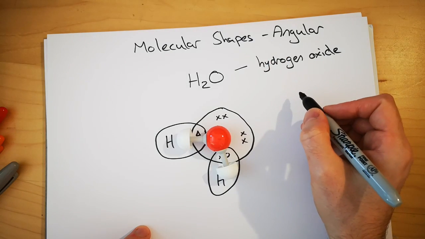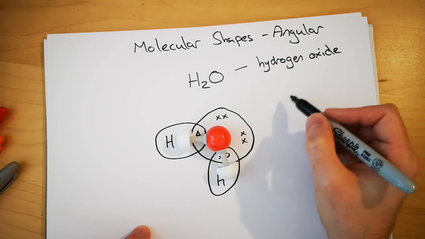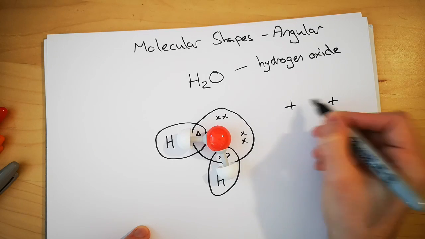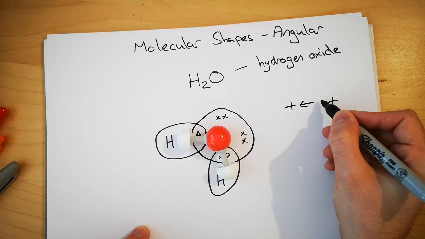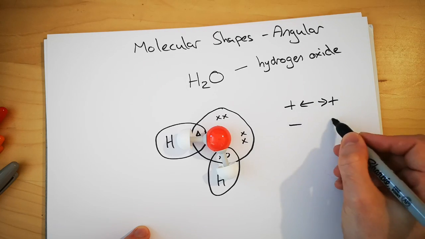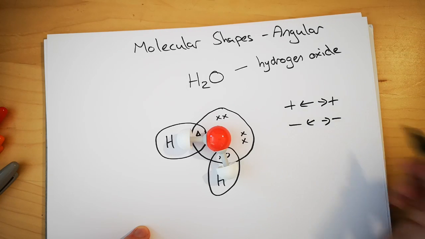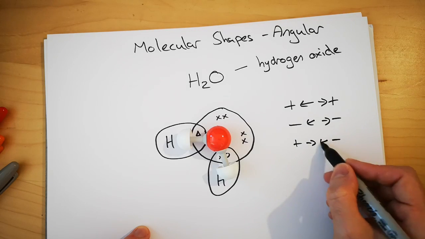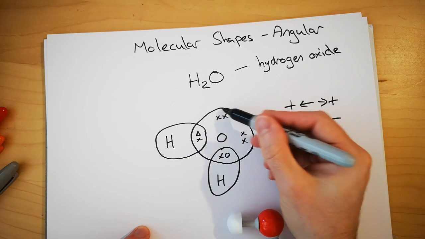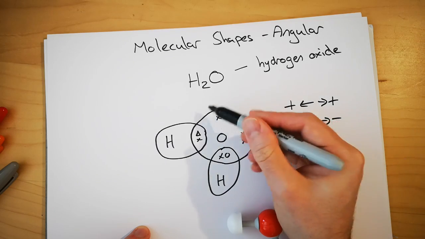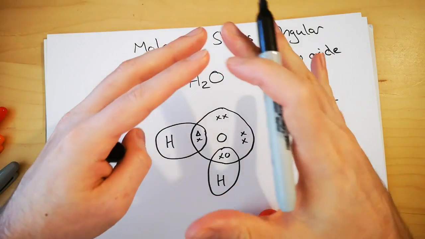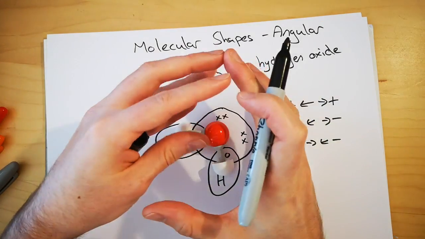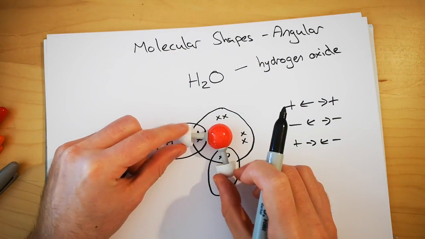If we think back to our basics for charge, 2 positive charges will want to force each other apart. 2 negative charges will also want to force each other apart, and a positive charge and a negative charge will want to move together. So this is quite a bit of negative charge up here, and it actually forces our water molecule round into this angular structure.